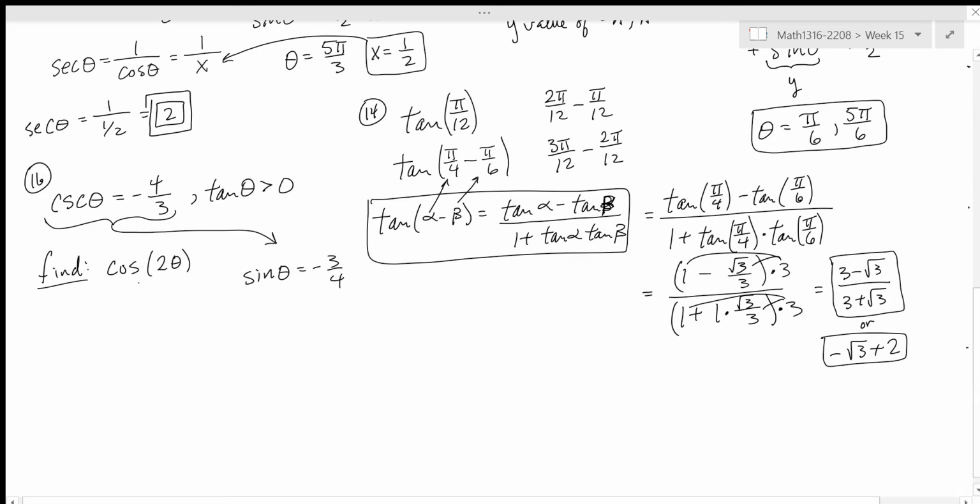And then can y'all tell me what is the double angle formula I need to use? Anybody? Cosine of 2 theta equals 1 minus 2 sine squared. Yeah, so I want to use the formula that says 1 minus 2 sine squared theta because I think that's the only one that involves only sine. And so now we can take this information and plug it in here.